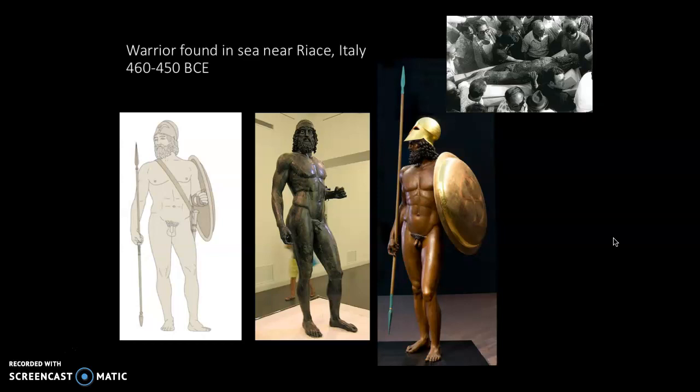We forget the kind of ethnic diversity that would have been commonplace in the Mediterranean world. And this figure clearly does not have those paler Northern European traits that we sometimes anachronistically associate with those white Greek marble sculptures.